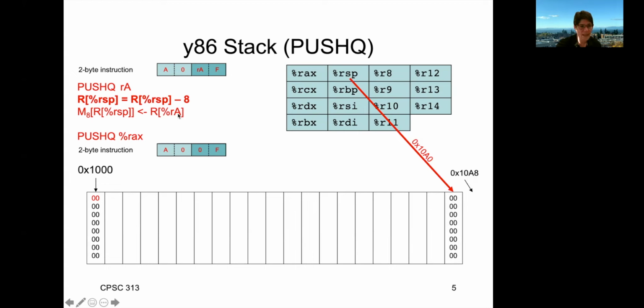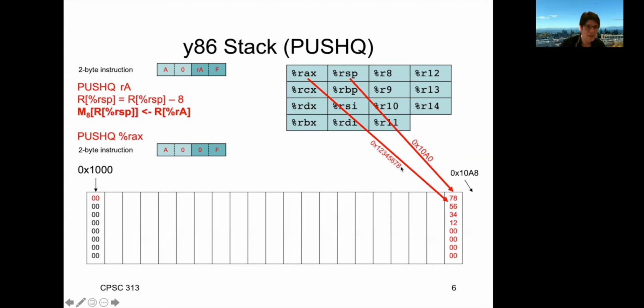Next, we're going to take the contents of the register referenced by rA, in this case rax, and put that value into memory at the address to which the stack pointer is now referring. We put it into memory in little endian form.